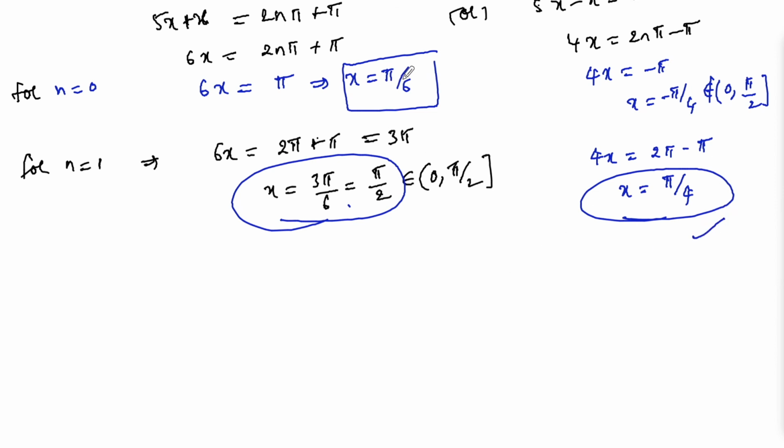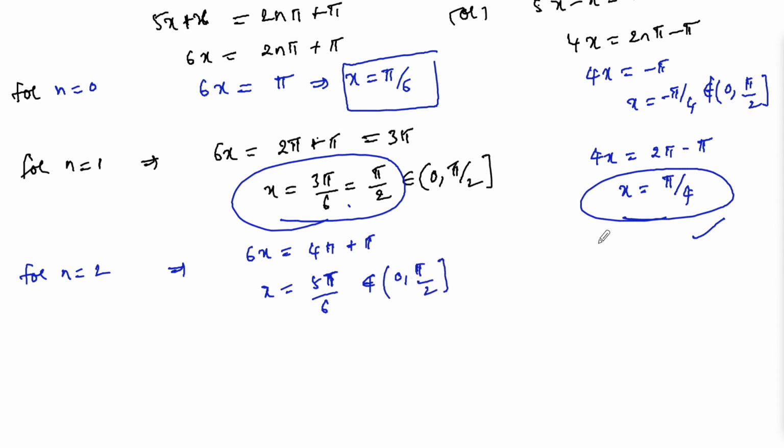So pi by 4 belongs to 0 to pi by 2, we can consider. Among these values, if I consider n is equal to 2, you will be getting more than pi by 2. See, 6x is equal to 2 into 2, that is 4 pi, plus pi, that is x is equal to 5 pi upon 6, that is more than pi by 2, so it does not belong to 0 to pi by 2.